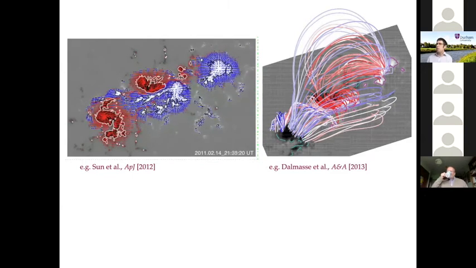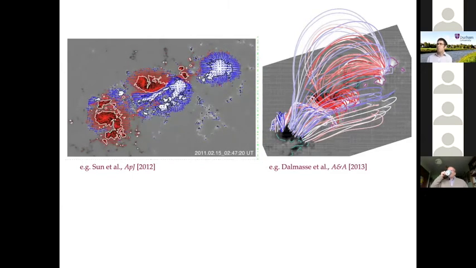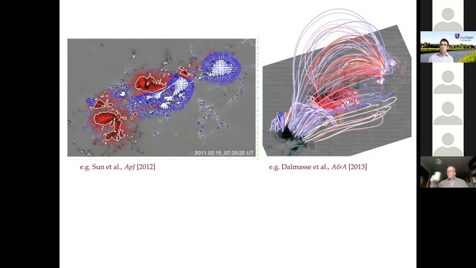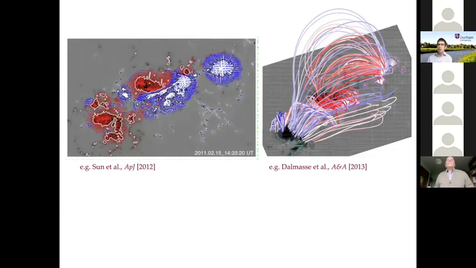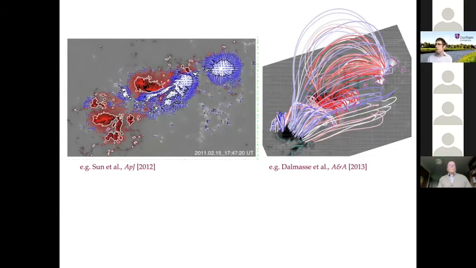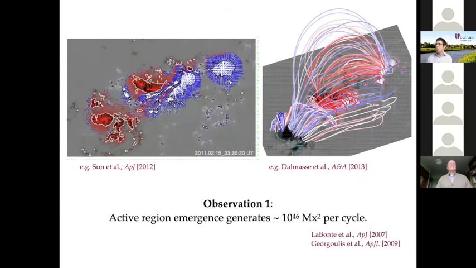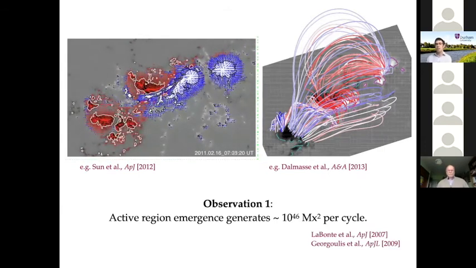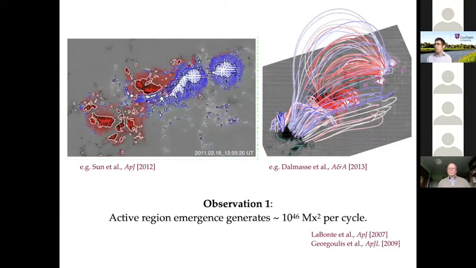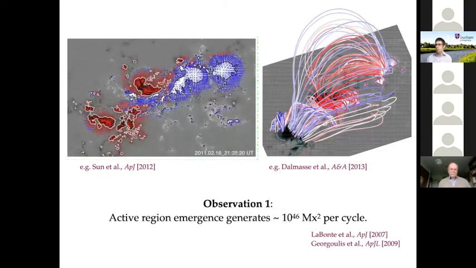So from doing these vector magnetogram observations over a number of years, we have an idea of how much helicity is injected. And there's quite a nice survey for solar cycle 23 by Labonte and collaborators, especially Manolis Georgoulis.